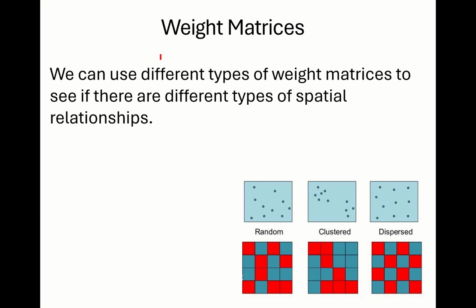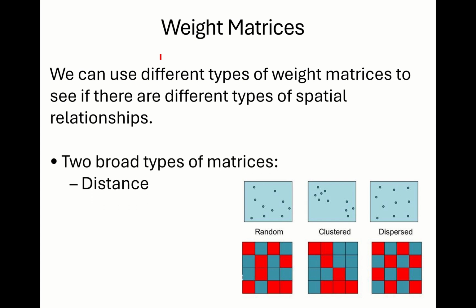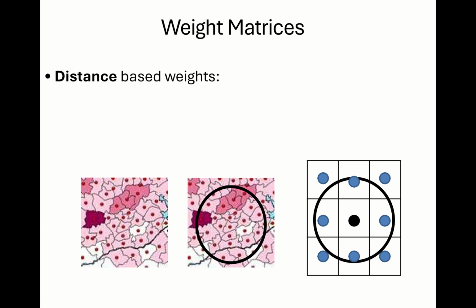In terms of weight matrices, there are two main types that we're going to look at in this course. One is called distance, which is basically looking at points within a certain distance range around your point in question, and the other is contiguity, looking at what the value of the grid or cell next to the cell in question is.